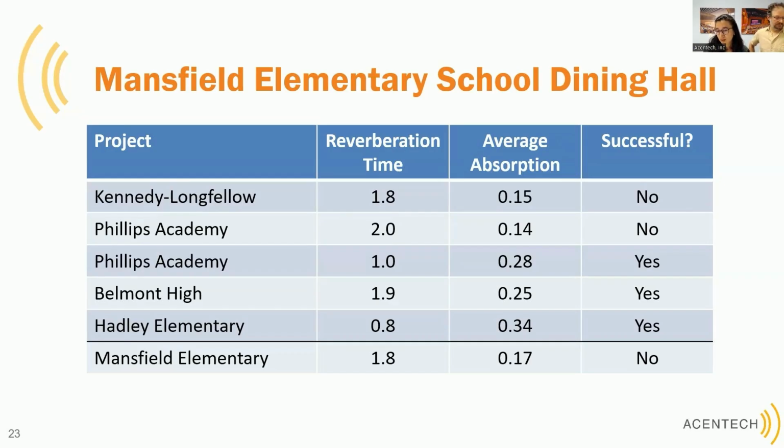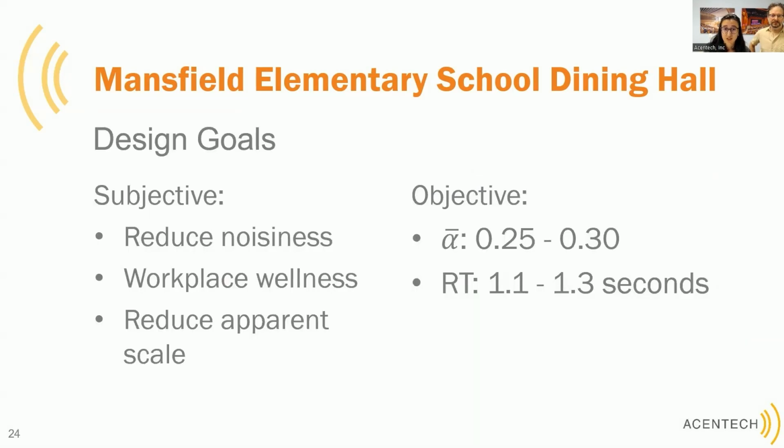And if it were totally reflective, it would have 0. And so we found that the most successful spaces had an average absorption coefficient between 0.25 and 0.3, which is what we set our design goal as for this project. And we also set some RT goals.